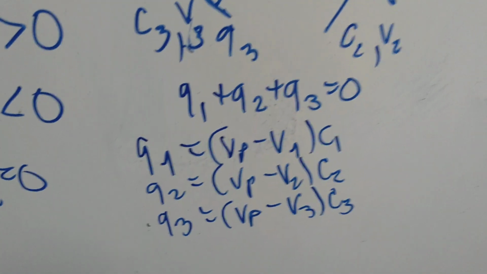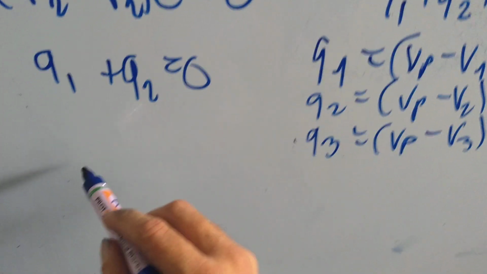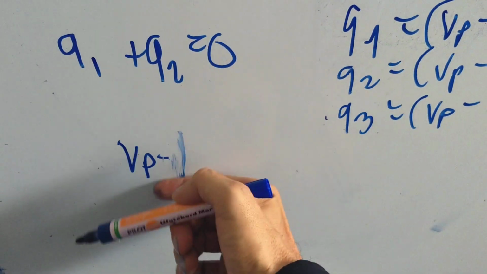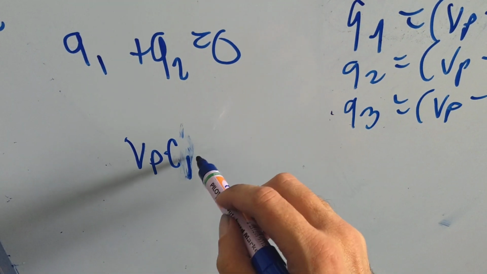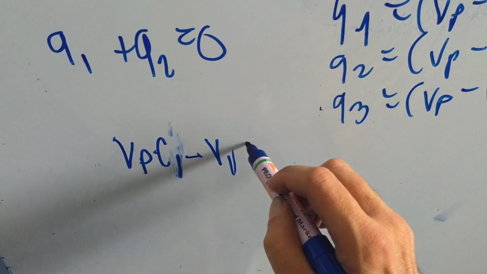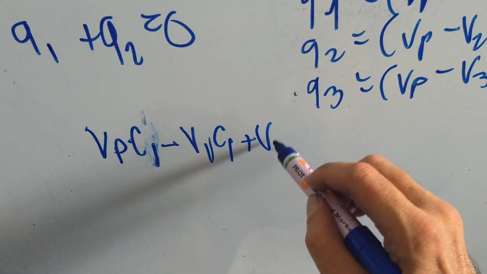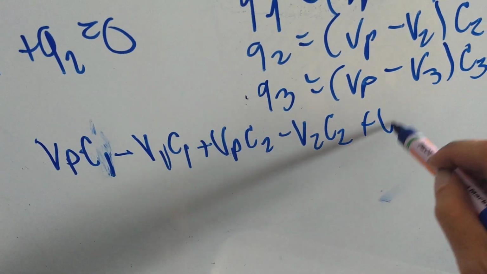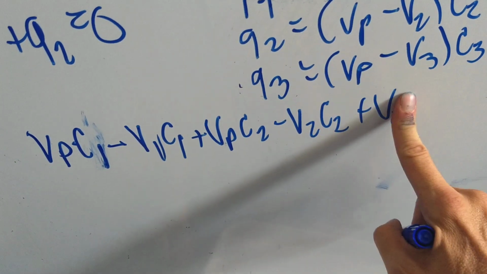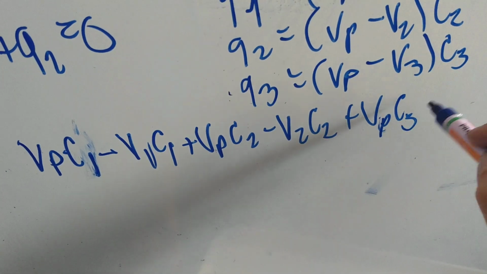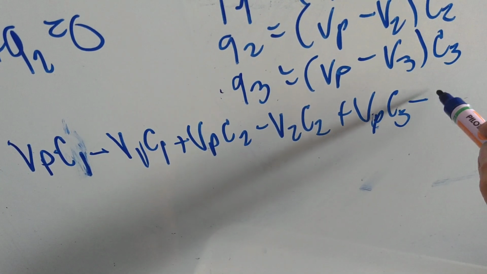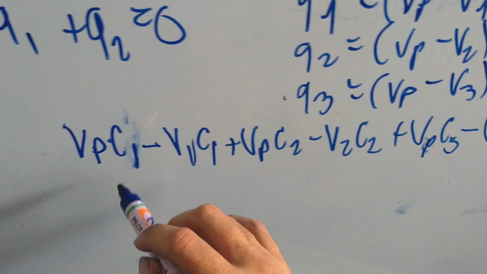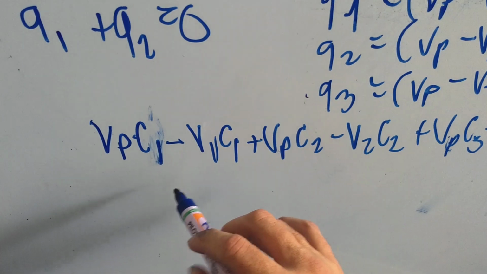I solve this system, and what do I get? Let's write the whole formula down. VP C1 minus V1 C1, plus VP C2 minus V2 C2, plus VP C3 minus V3 C3, equals 0. And I can now factor out all this VP stuff.